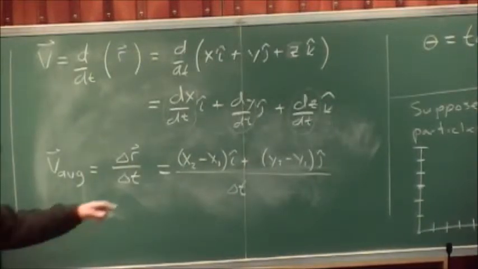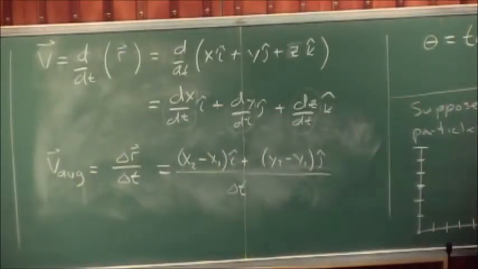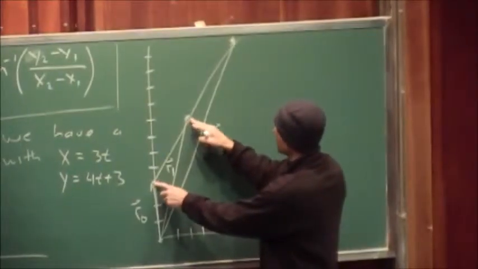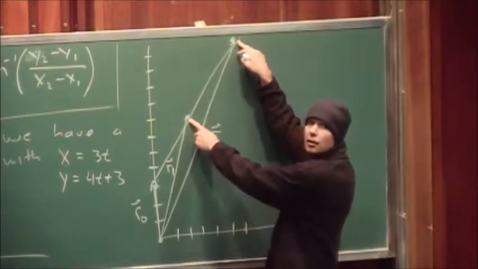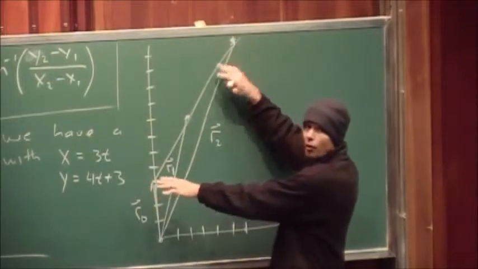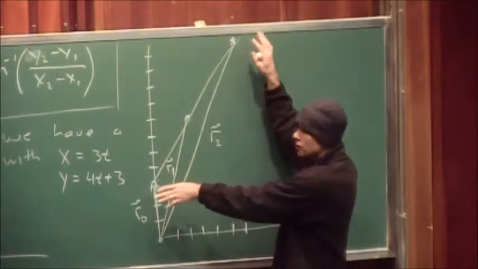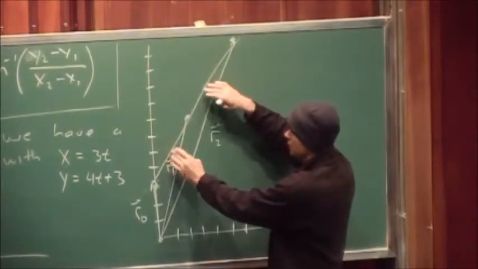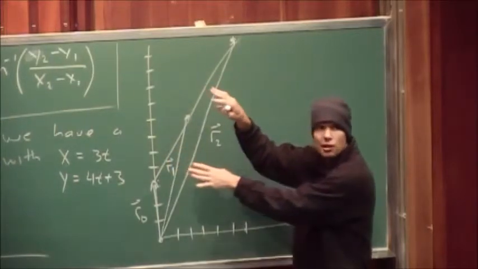All right, so we can define this as x2 and this x1. I mean, we can define this as R2 and this R1. Or we can do any point along here that we're interested in, as long as it's along this line and we know what times those are associated with.